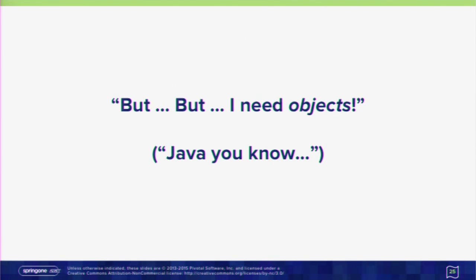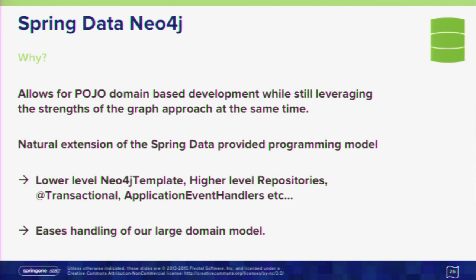As we were already in the Spring domain, we checked out Spring Data Neo4j. And this allowed us to effectively remain with POJOs. You mess with your POJOs, you update attributes, you delete them, you add them, and you can just save them, and it's going to be saved in the graph database.